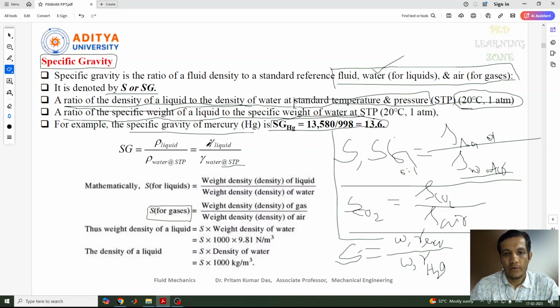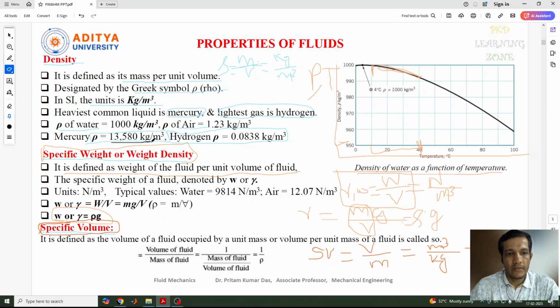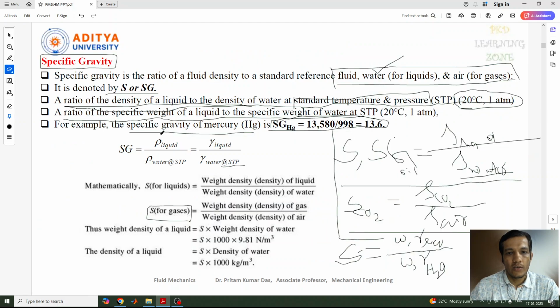In the previous slide we have seen the density of mercury is given as 13,580, and this is one liquid. Another liquid, water, has a density of 1000.